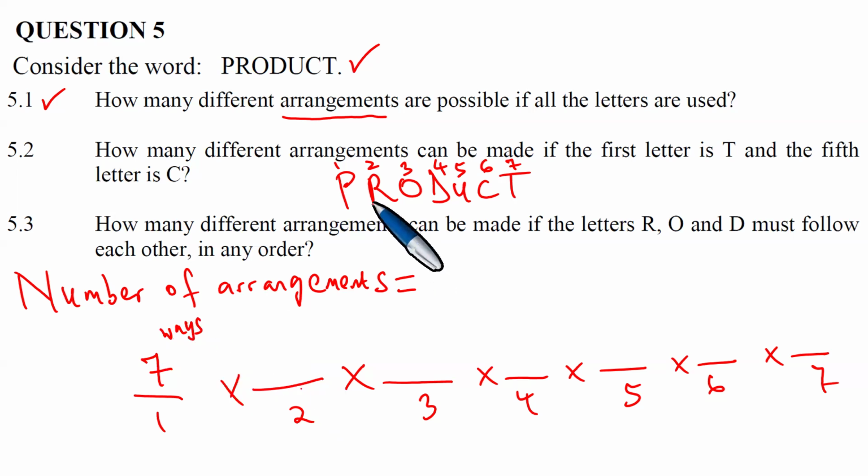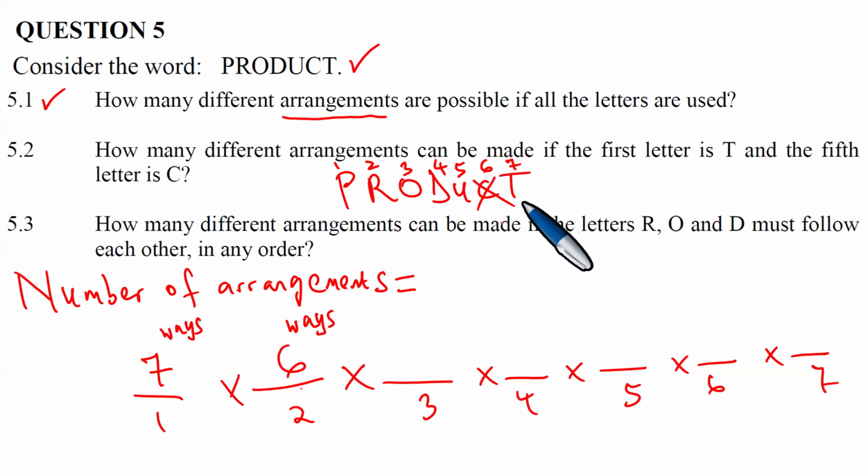After the first letter has been chosen, it doesn't matter which one, maybe we chose the letter C, we cross it out. Then you're left with a total of 6 letters remaining. To put a letter in the next position, the letter can be chosen from 6 letters, so we have a total of 6 choices.